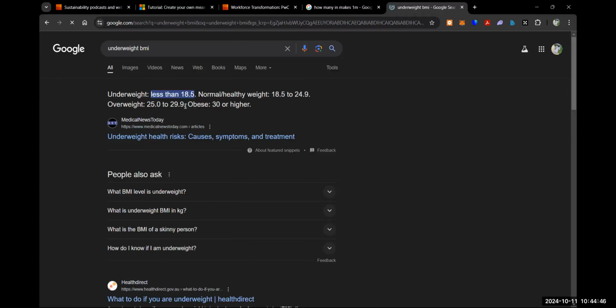Now we are going to use all these things inside our gender. Let's go back. We have 18.5, then the next thing we have is 18.5 to 24.9. The next one is from 25.0 to 29.9. And then obese is 30 and higher.